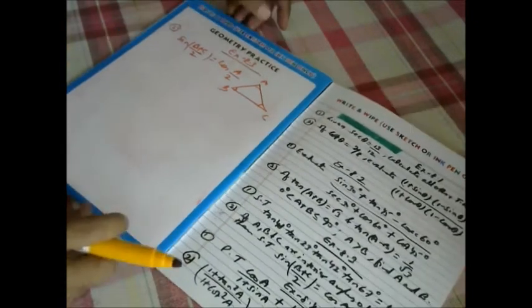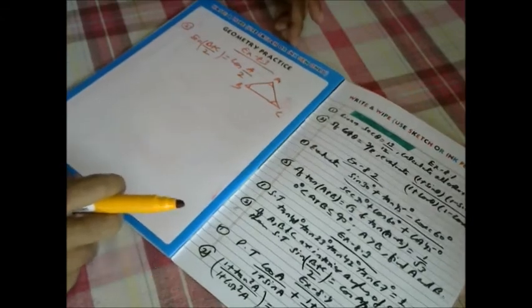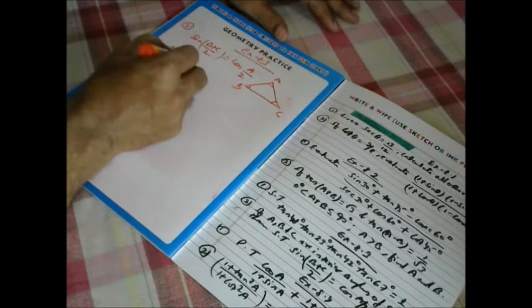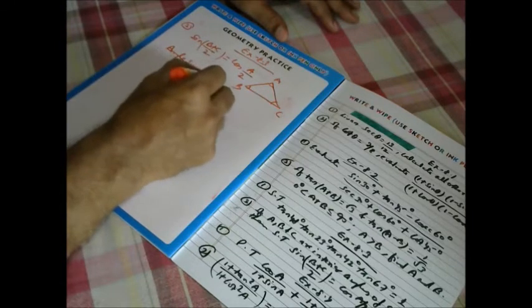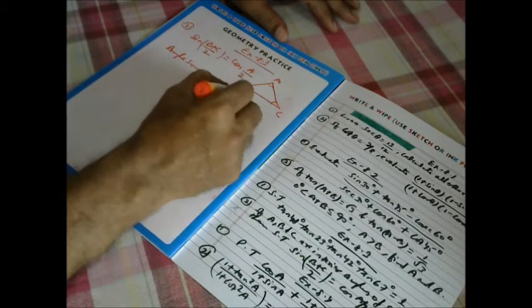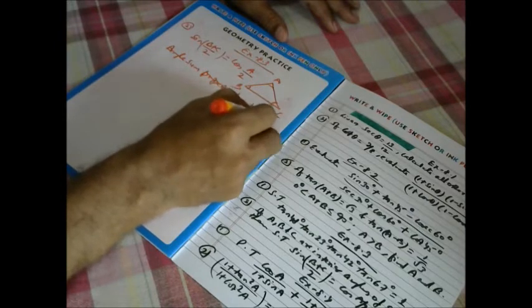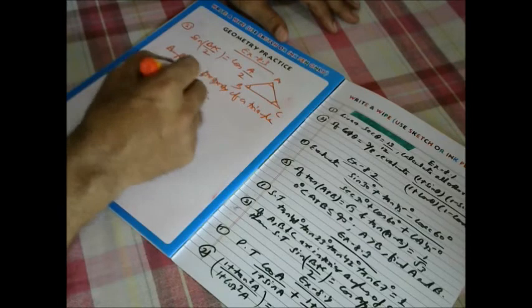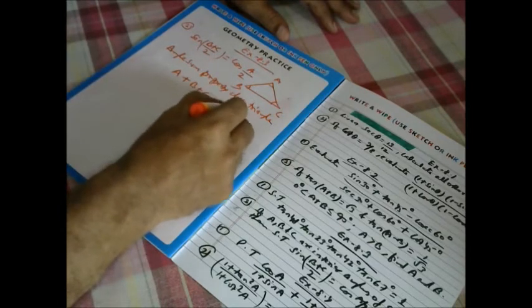We are given that A, B, C are interior angles of a triangle. So in a triangle, we know the angle sum property of a triangle: A plus B plus C is equal to 180 degree.